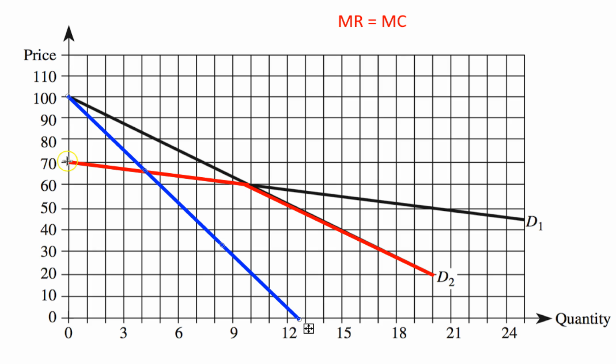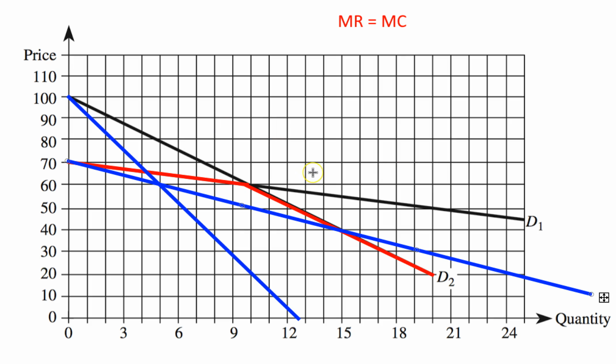So let's start here and cross at 5, about there. Now we have a marginal revenue curve for each demand curve. This marginal revenue curve is associated with D2, it's twice as steep. This marginal revenue curve is associated with D1, it's twice as steep.